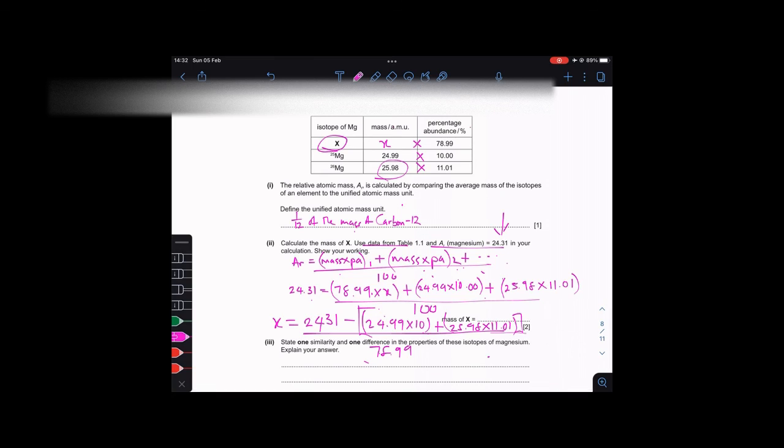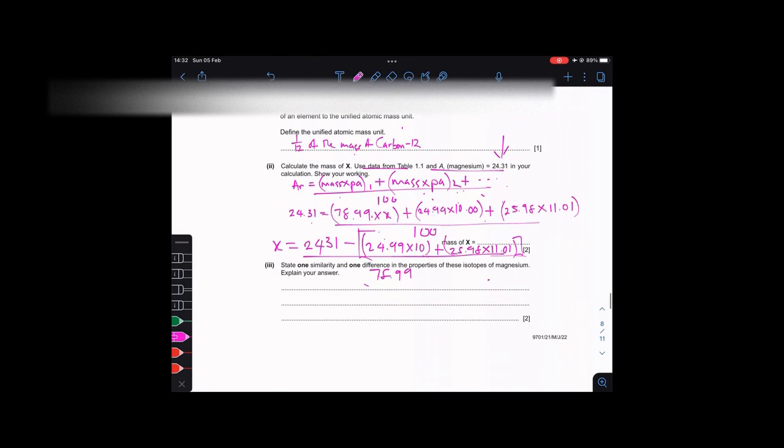If you punch this in your calculator, you will find the mass of X. So you need to use the formula: Ar equals mass times percentage abundance of one isotope plus the next isotope, over 100, then rearrange, then you'll find your answer.